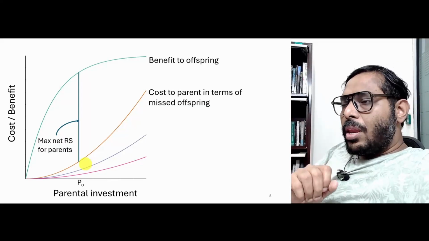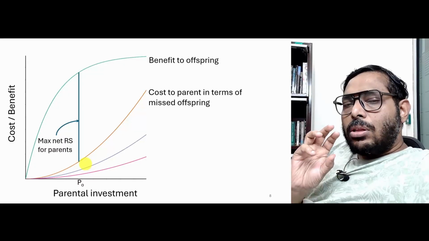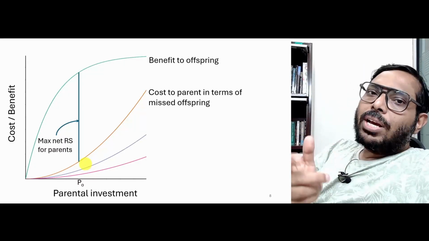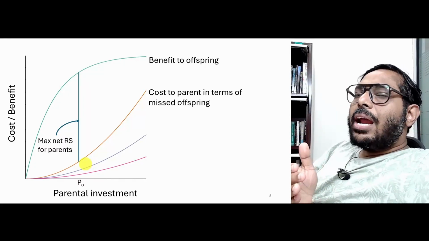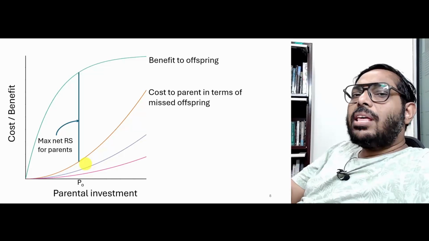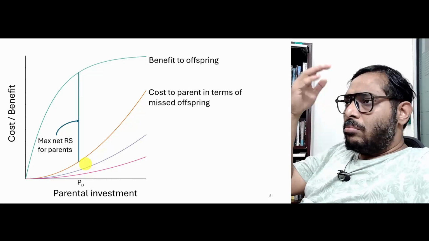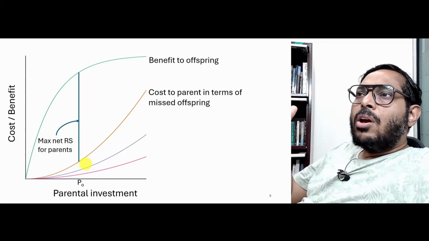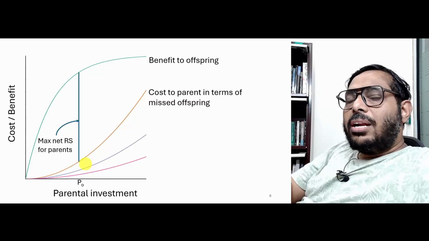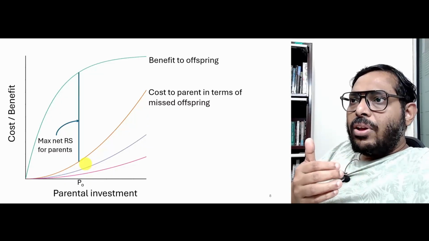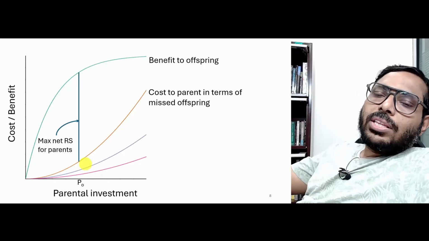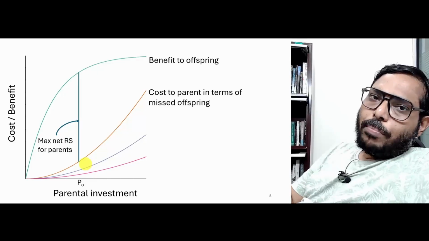However, here the inclusive fitness also becomes a thing. Let us assume there is one offspring who ends up taking the entire resources for himself or herself, because of which no further offspring are being produced by the parent.